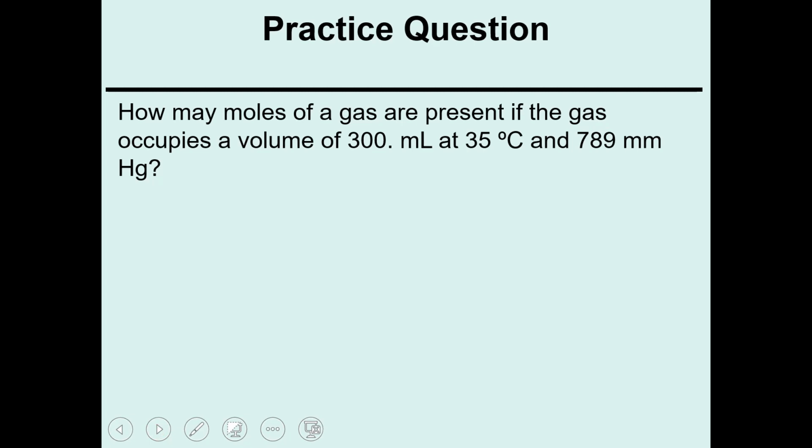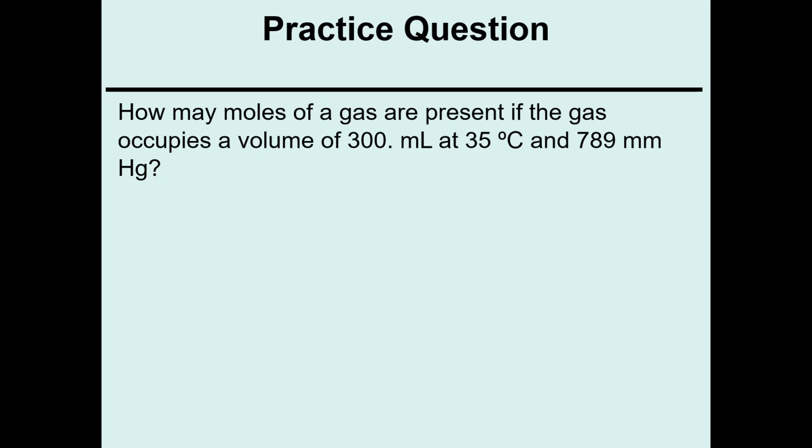So let's look at an example where we have to calculate something with the ideal gas law. We want to know how many moles of a gas are present if the gas occupies a volume of 300 milliliters at 35 degrees Celsius and 789 millimeters of mercury.